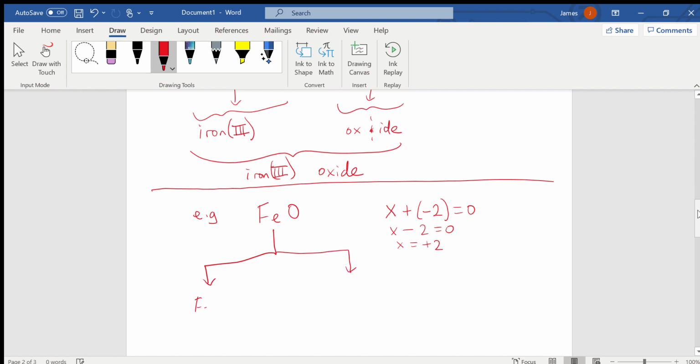I know it's Fe2+ because that's my variable charge. So this is going to give me iron Roman numeral 2. And then this is going to give me O2 minus, which is the root ox and the suffix "ide."